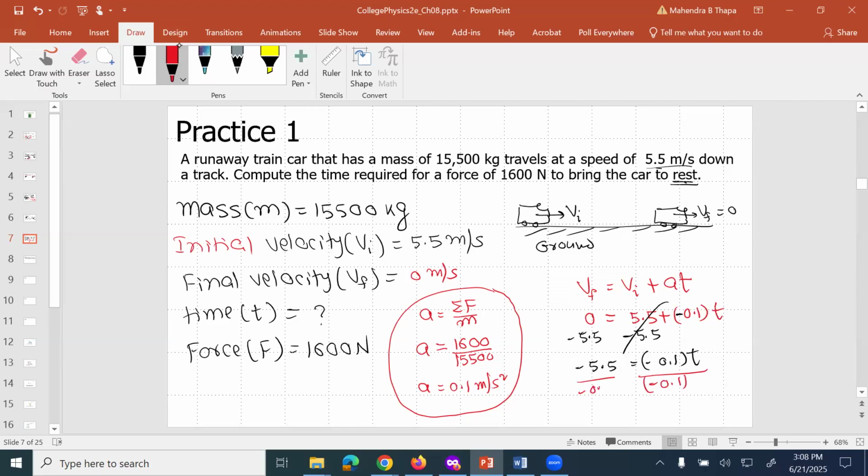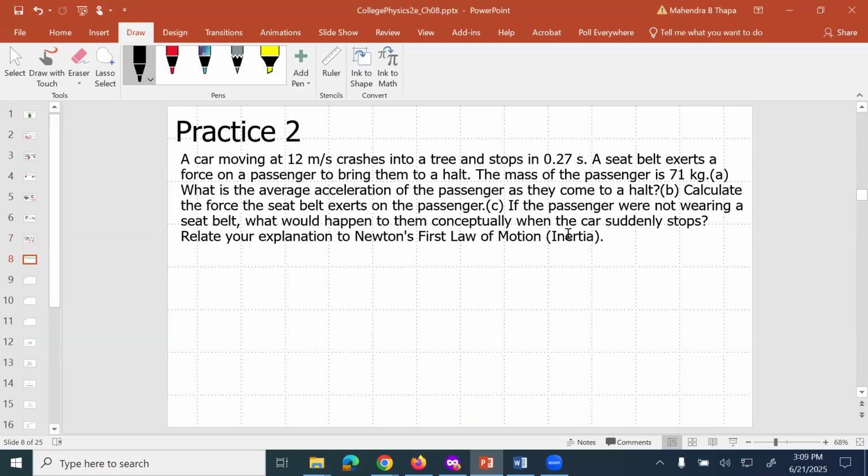That gives me t equals 55 seconds. Based on that, there is a similar problem you can practice. It's very similar. Please try it.